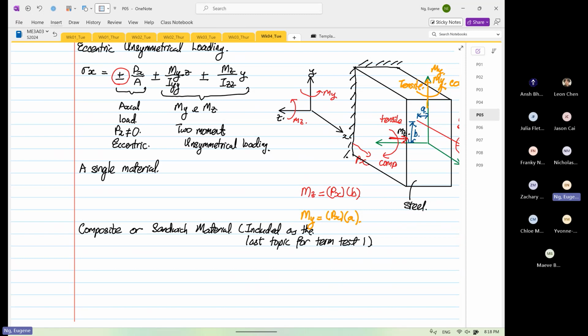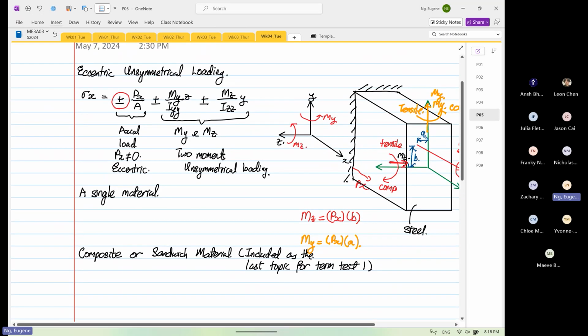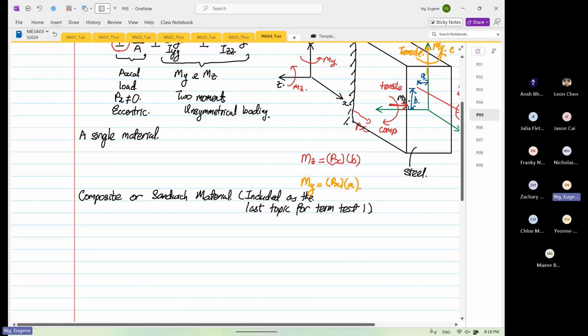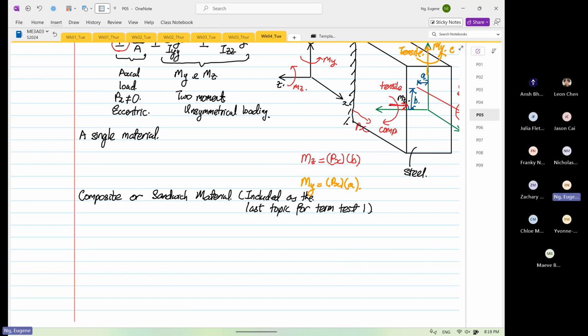So let's focus on composite material. The first thing I want to do: we know composite material under axial loading first. We are going to look at two types of loading for composite material. One is axial loading and the other is bending moment.